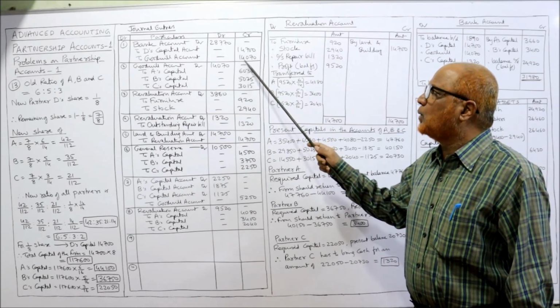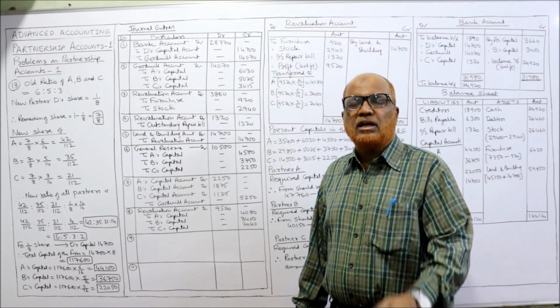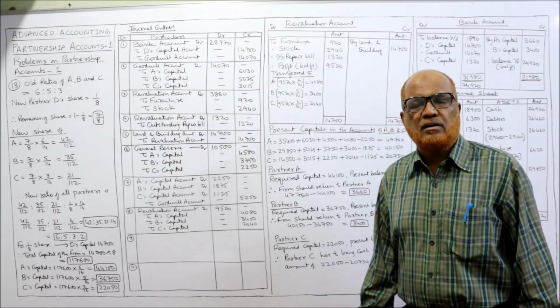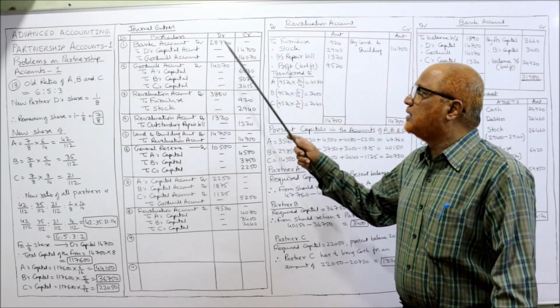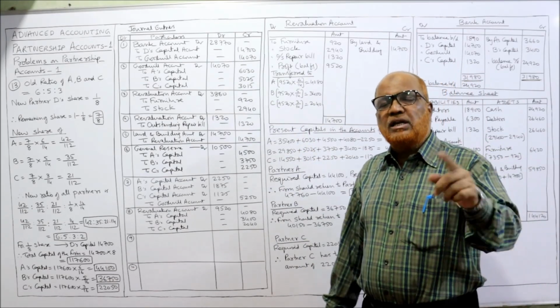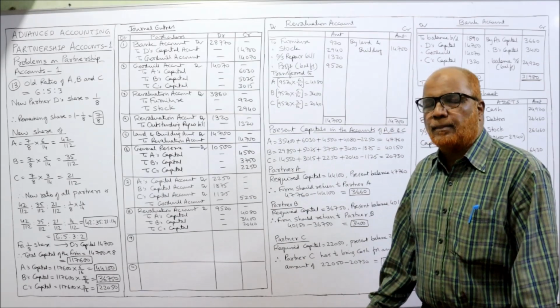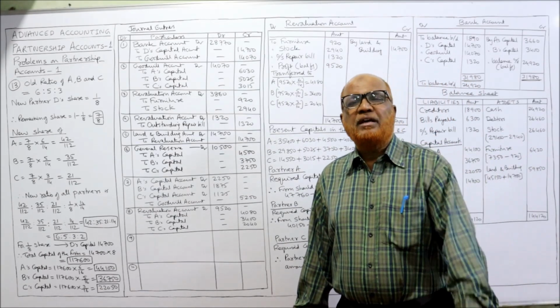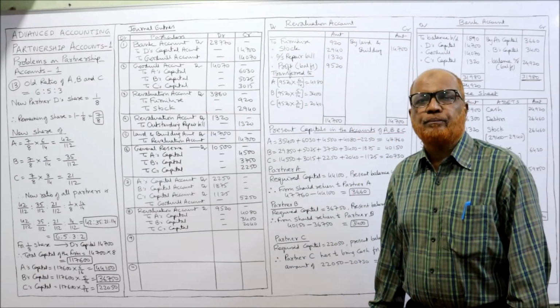If you add up both, 28,770. The total cash brought in is 28,770. The entry will be bank account debit 28,770, to D's capital 14,700, to goodwill account 14,070. Narration: being the cash brought in by the new partner.